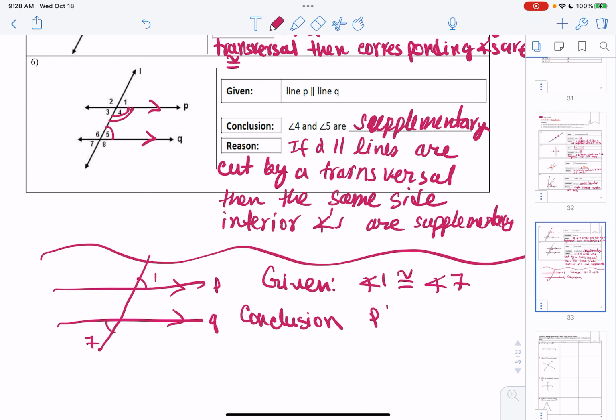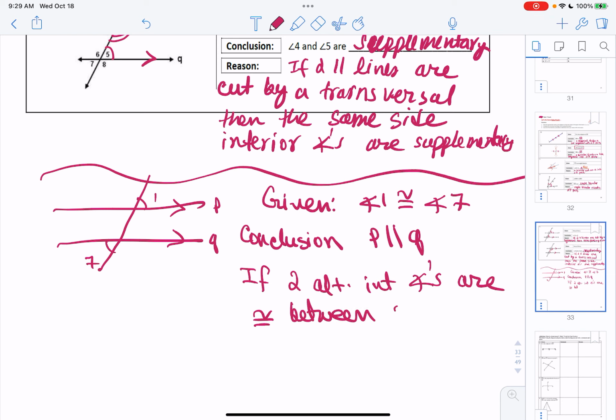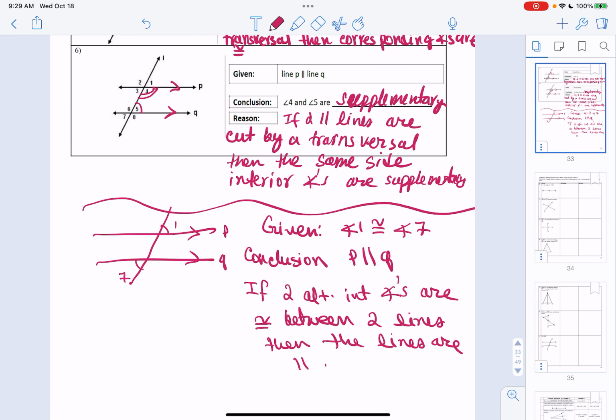So we can say that P is parallel to Q, and we can say if two alternate exterior angles are congruent between two lines, then the lines are parallel. So we are getting to a point where we will not always be given that the lines are parallel, but we will have to prove that the lines are parallel.